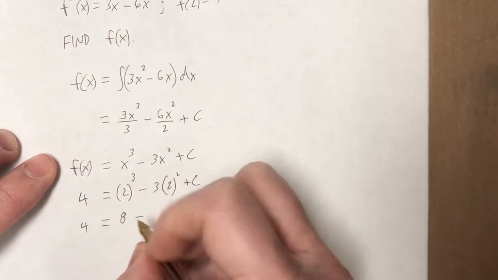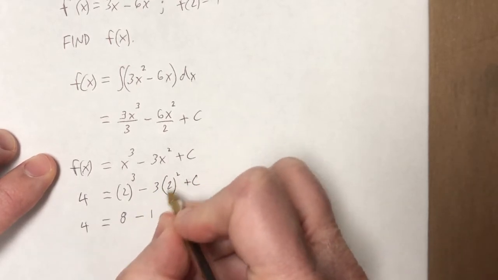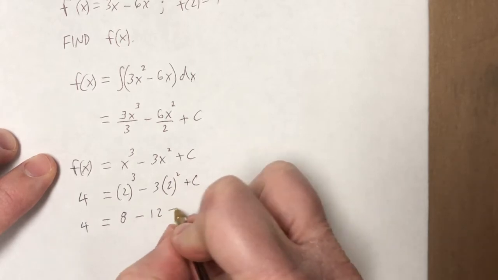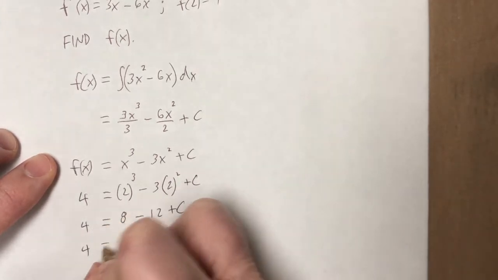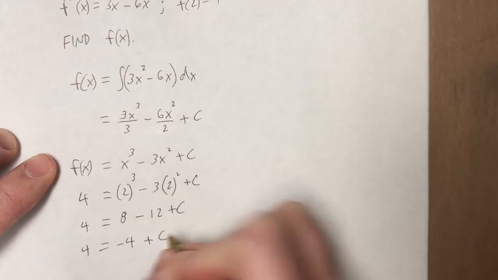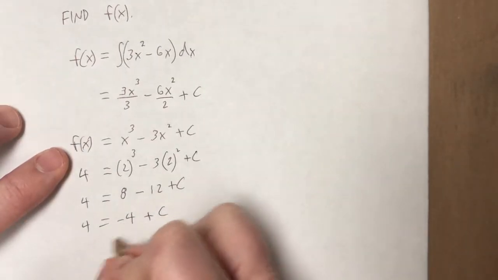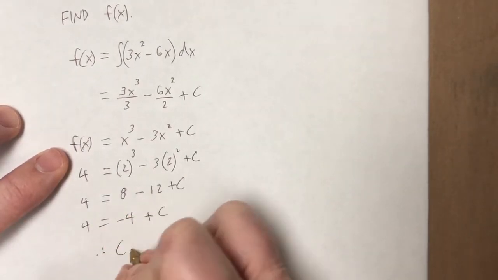So what is this? 4, that's what? What is that, 12? So we get 4 equals negative 4 plus c. So we add 4 to both sides here, guys, and then c is what?